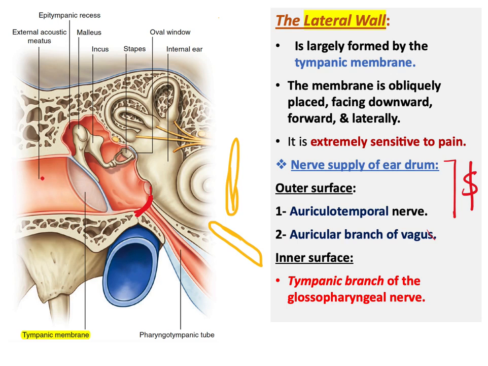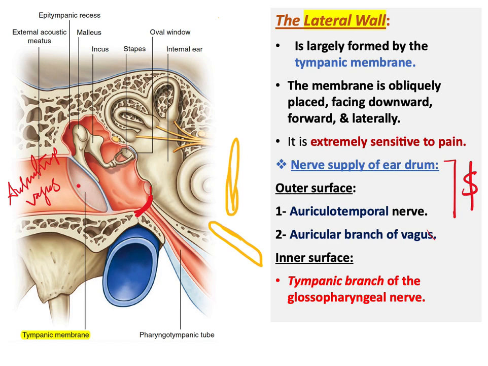Very simple. You remember the external acoustic meatus is innervated by the auriculotemporal nerve and the vagus nerve, with minor participation from the facial nerve.